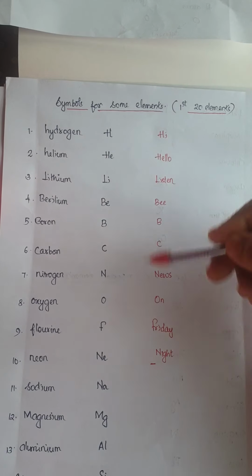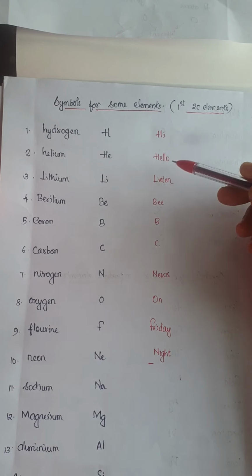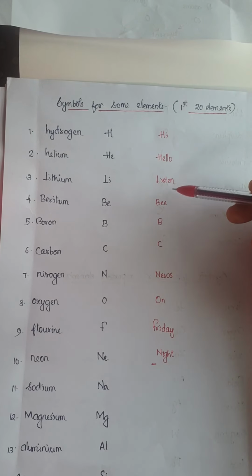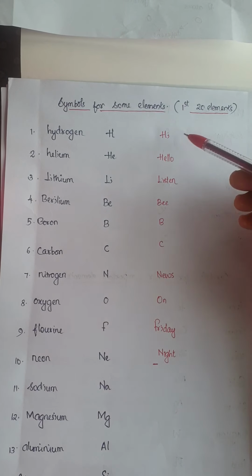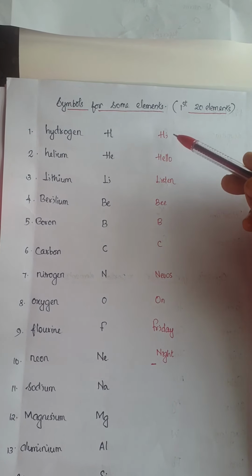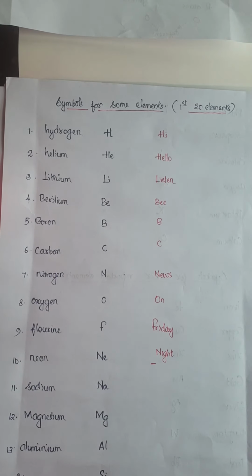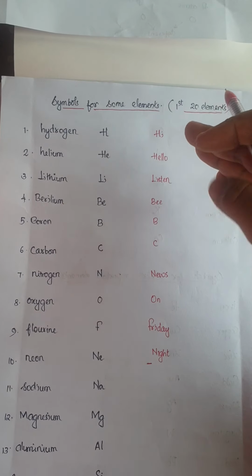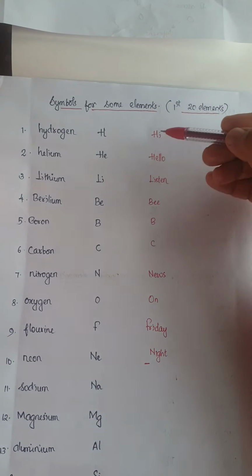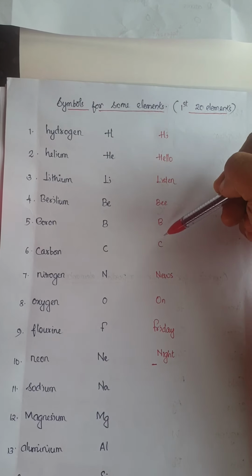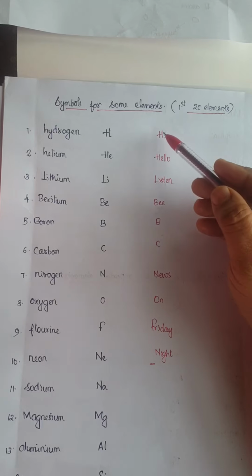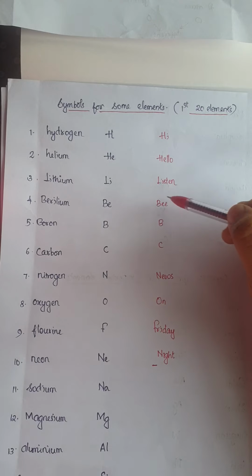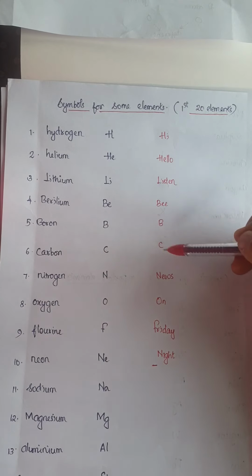And there is another trick to remember the first 10 elements' names. Hi, hello, listen BBC news on Friday night. Here Hi means hydrogen, just for your remembrance. Hi means hydrogen, hello, He, listen, Li, B, beryllium, B for boron, C for carbon.